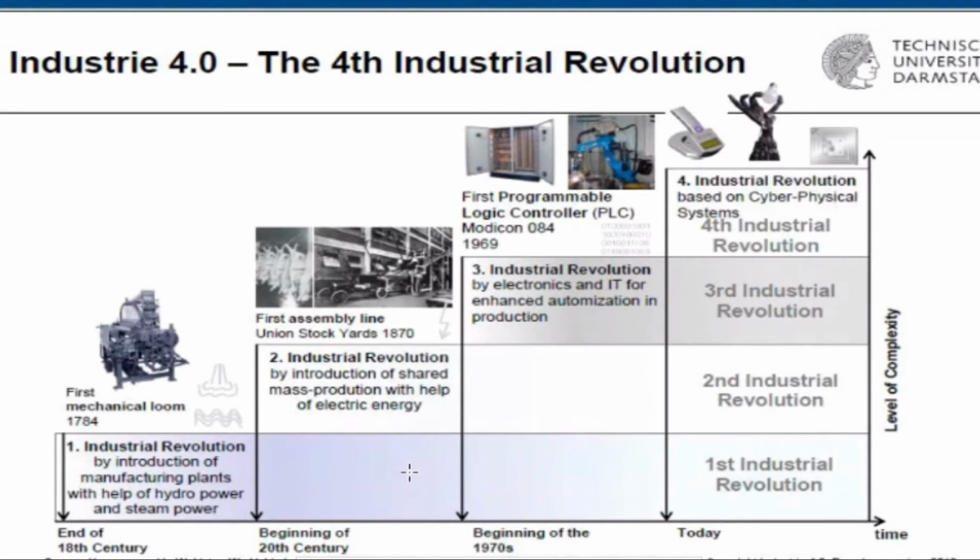Let me just give you a brief here. Prior to the third industrial revolution, one of the key things about manufacturing was how do you reduce costs. There were things like lean manufacturing and just-in-time manufacturing.